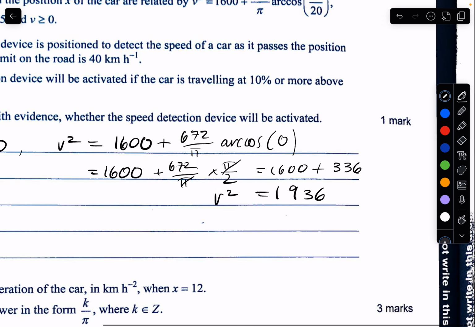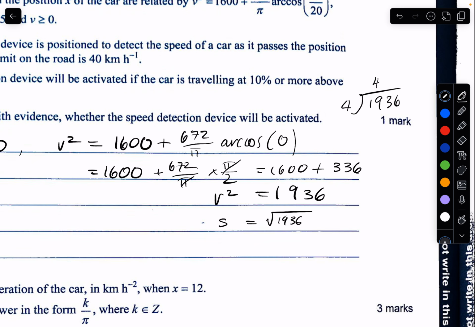So the speed, now 4 into 1936 is 484, sorry, 2 square root 484, and then 4 into 484 is 121.